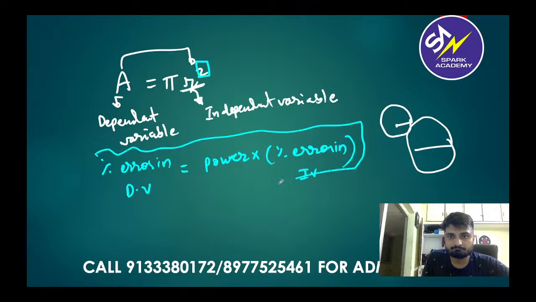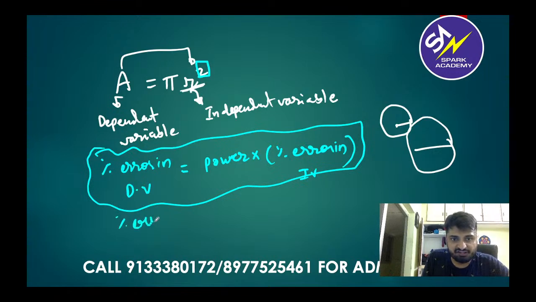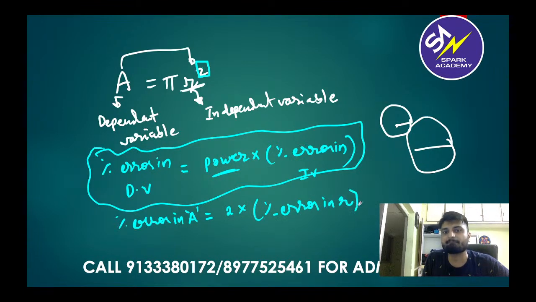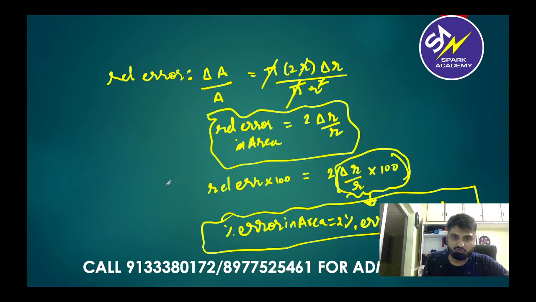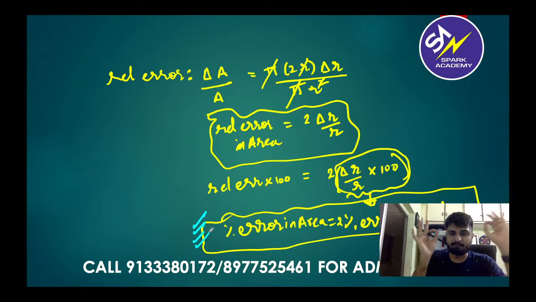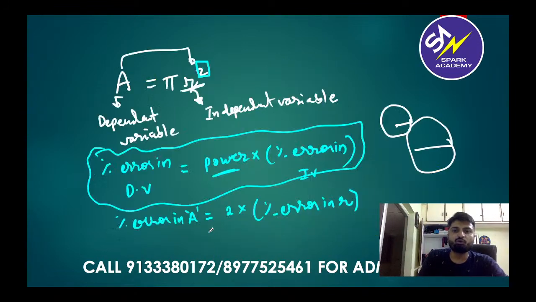Observe, the dependent variable is area, the power is 2, so it is 2 times the percentage error in the independent variable, which is the radius. That is what we derived also. So using this simple trick, you can find any percentage error in any question.